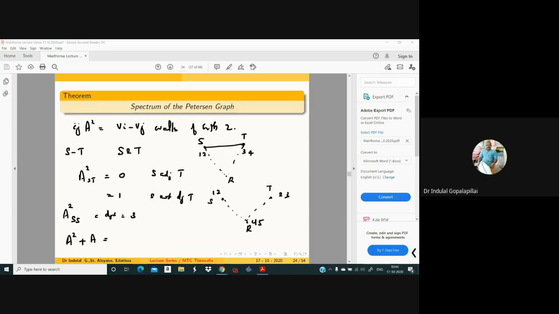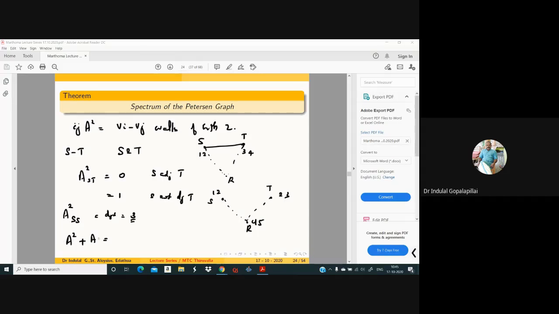Because in A square, an entry 1 appears if S is not adjacent to T, and if S is not adjacent to T, then the corresponding entry in A is 0. So A square plus A. Also the diagonal entries are 3, because the diagonal entries are the SSth entry of A square.